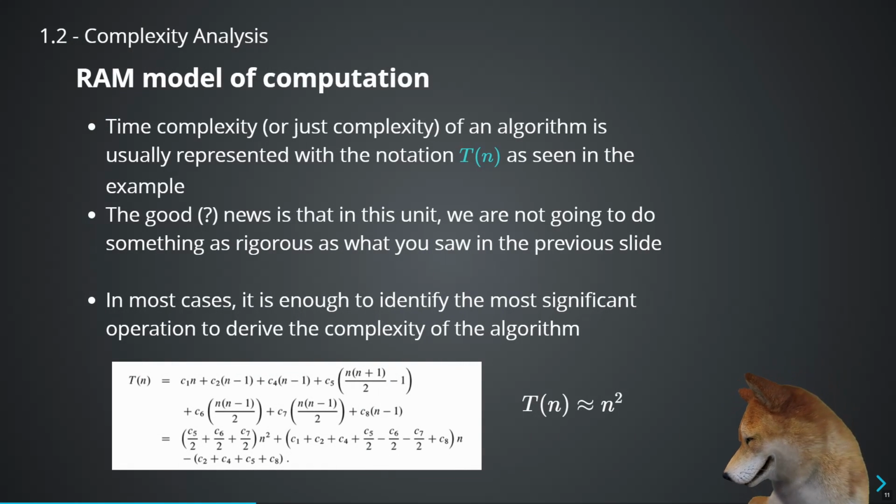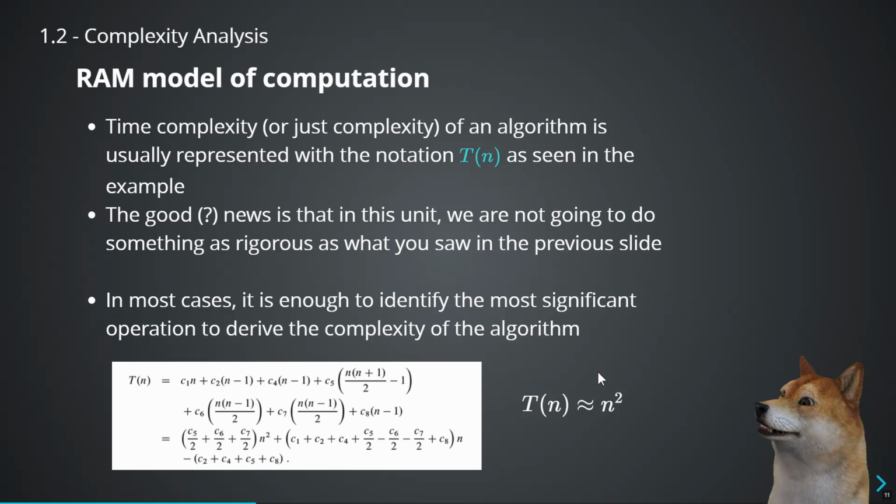Okay, so as you can see from the previous page, we normally represent time complexity using the notation T(n). I'm probably just going to say complexity from time to time instead of time complexity. The good news is that you're not going to do something as rigorous as what you saw in the previous slide, or this formula down here. You're not going to be doing something as insane as that.